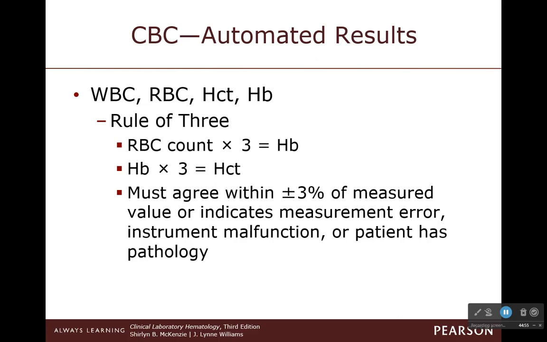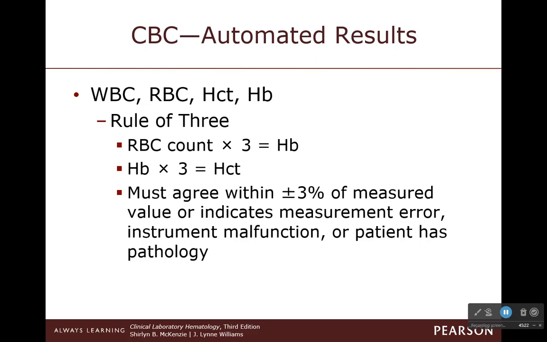Then your hemoglobin times 3 should equal your hematocrit. Most texts leave the RBC part out. We look at the hemoglobin times 3 equals the hematocrit. That's the one we focus on most of the time. Hemoglobin times 3 equals the hematocrit plus or minus 3.